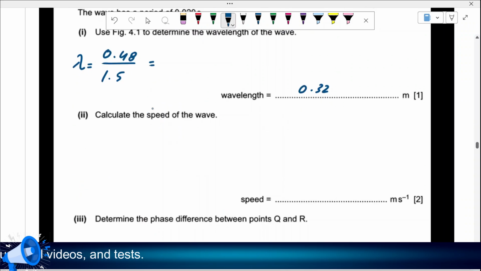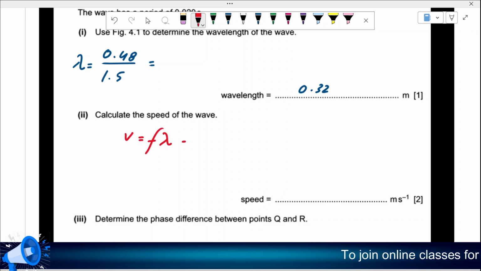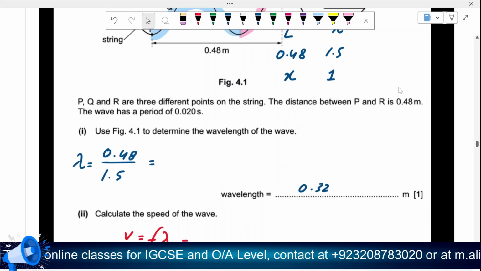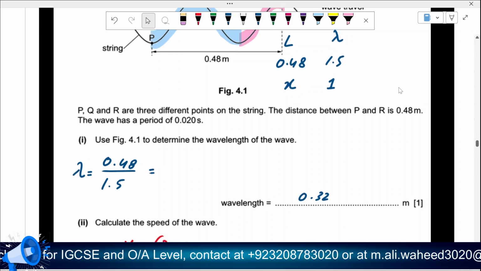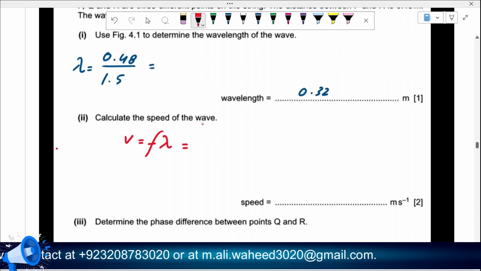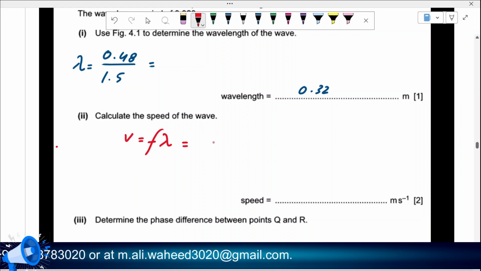We need to calculate the speed of the wave. All right, I'll write down the formula for the speed of the wave. Speed of the wave equals f lambda. Let's find out if we have anything related to the frequency given in the question. No, we don't. Matter of fact, we have the period of the wave, which is 0.020 second. So I can improvise the formula.